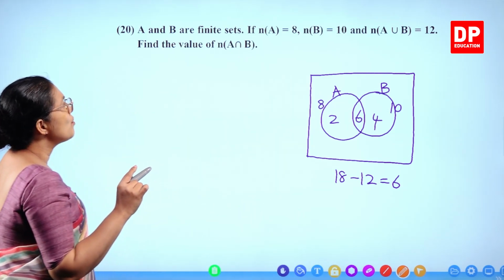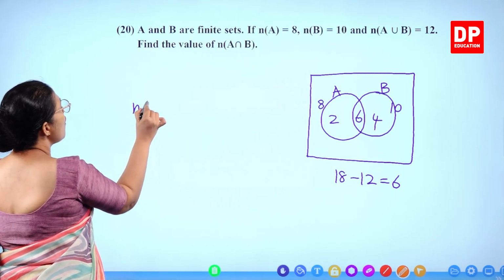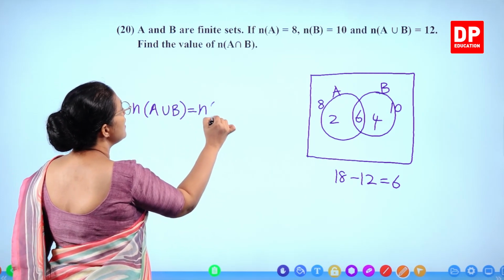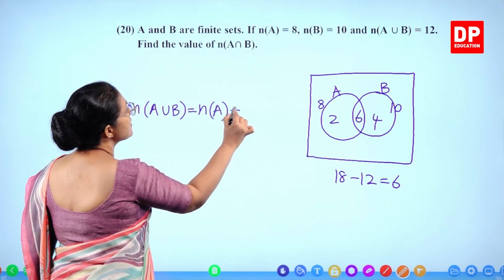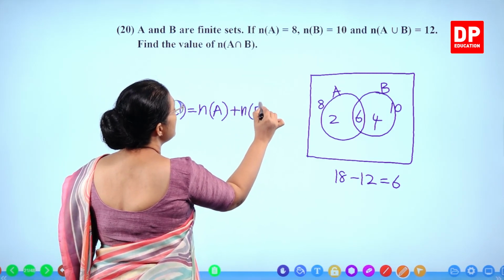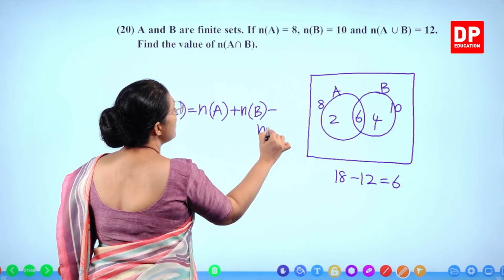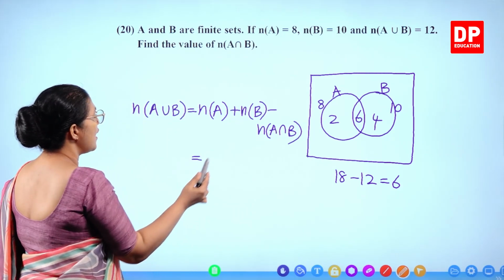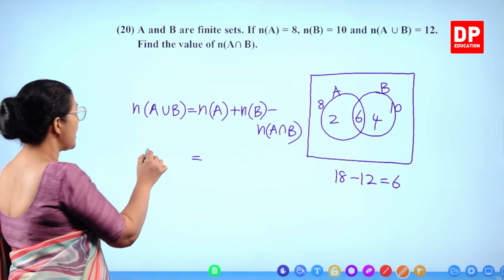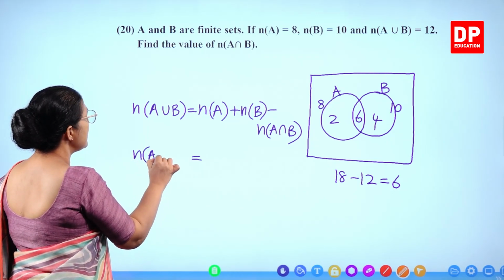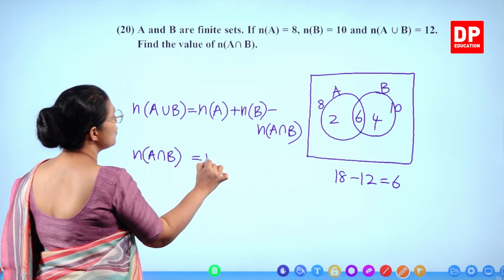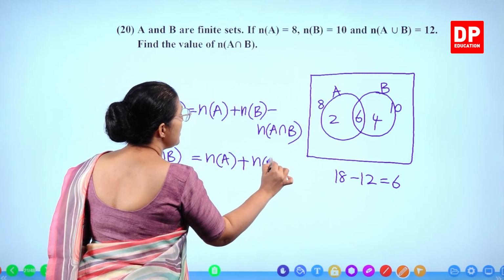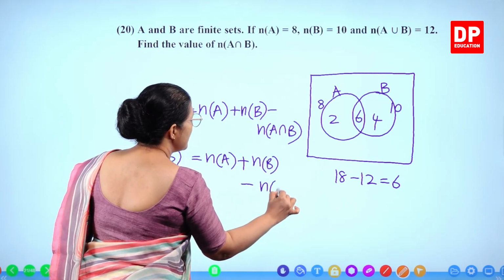Or you can use the formula. Number of elements in the union is equal to number of elements in A plus number of elements in B minus number of elements in the intersection part. You can substitute the value. So when you take it to this side, number of elements in the intersection is equal to number of elements in A plus B minus the union.